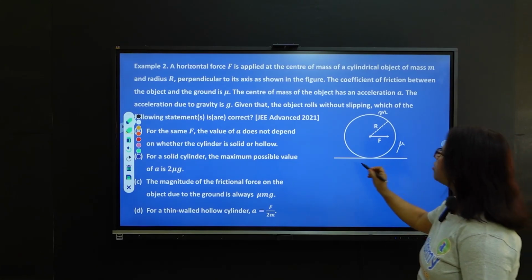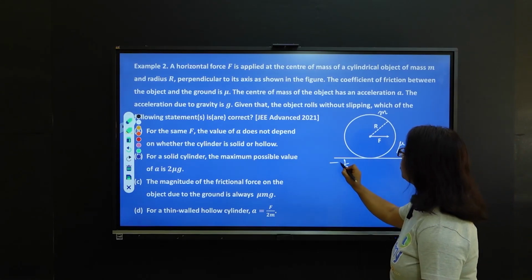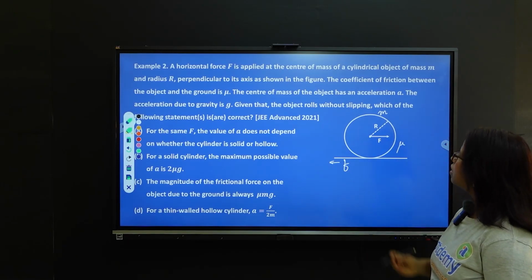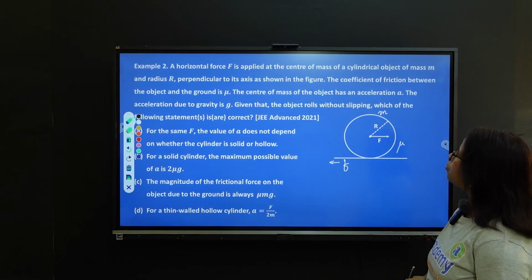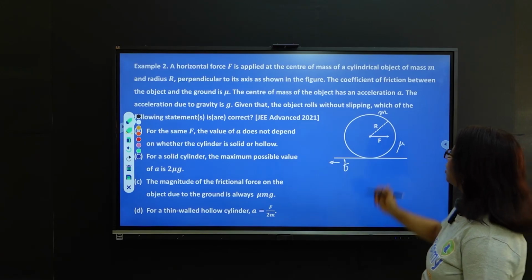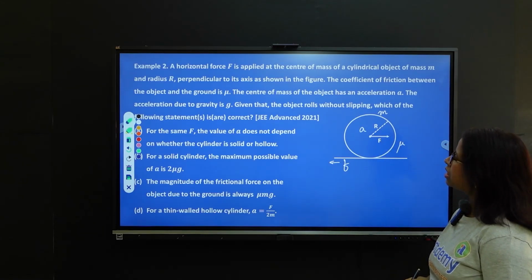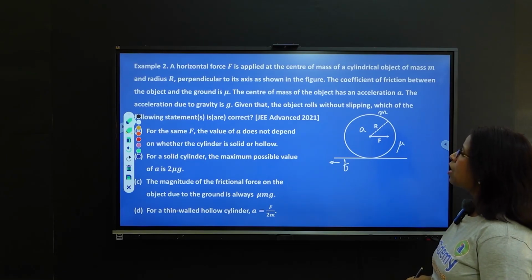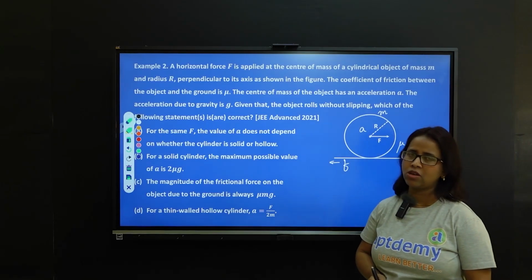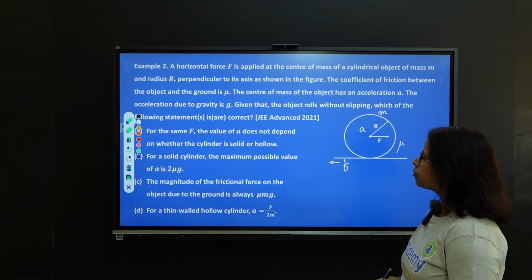So this will give rise to a frictional force in the opposite direction, which is given by little f. The center of mass of the object has an acceleration a. The acceleration due to gravity is g. Now here we need to consider that the object is rolling without slipping, and we are to test which of the following statements are correct.